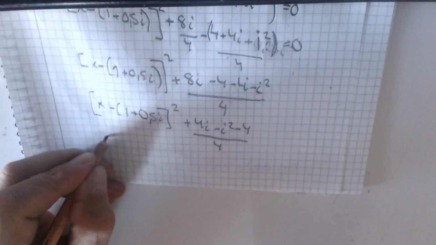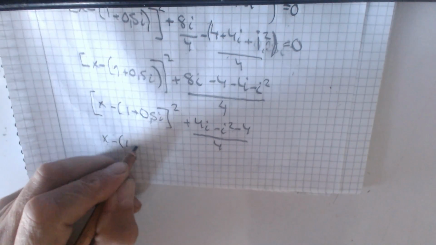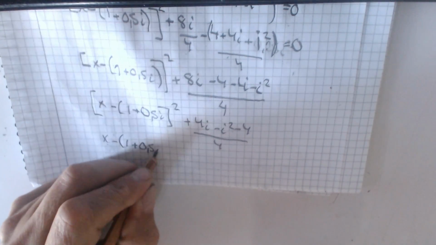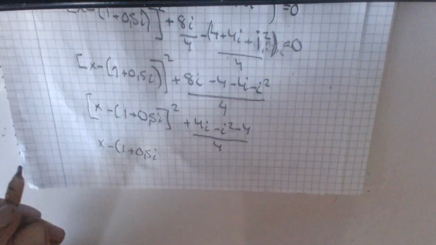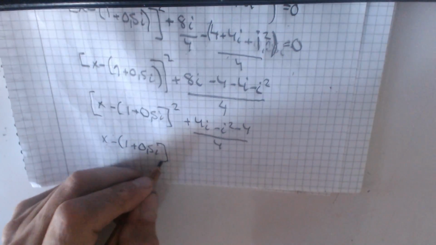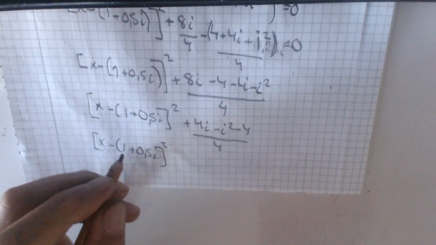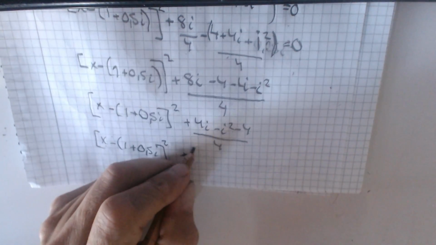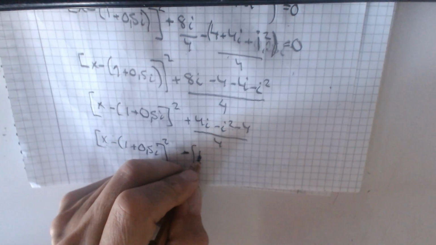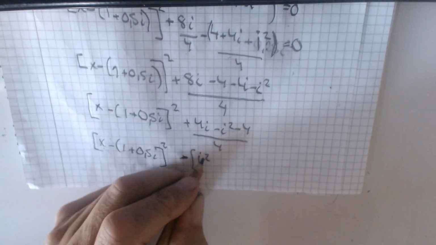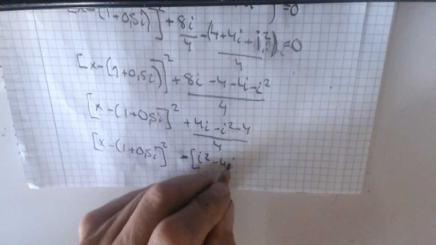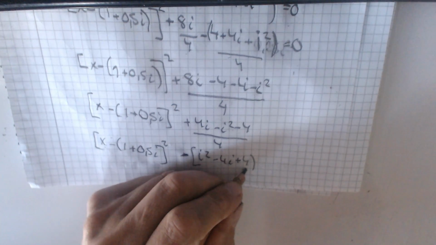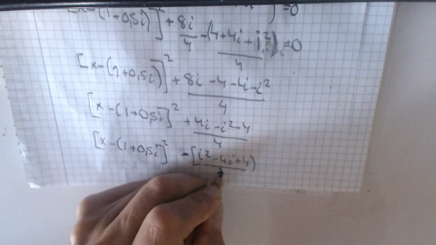So you have here this one, x minus (1 plus 0.5i), this squared equals minus i squared minus 4i plus 4, divided by 2.